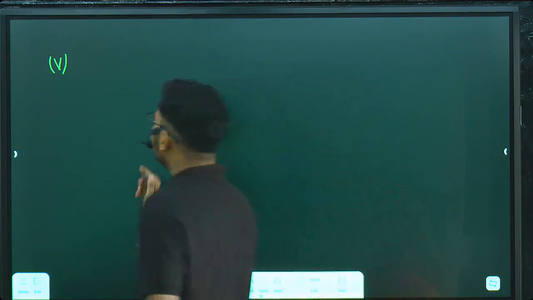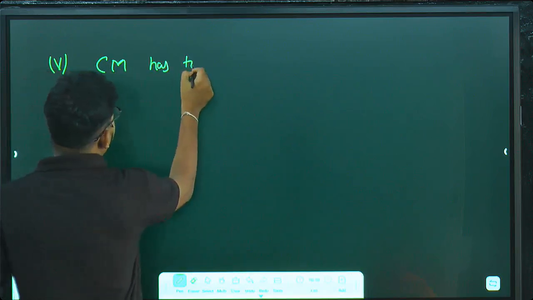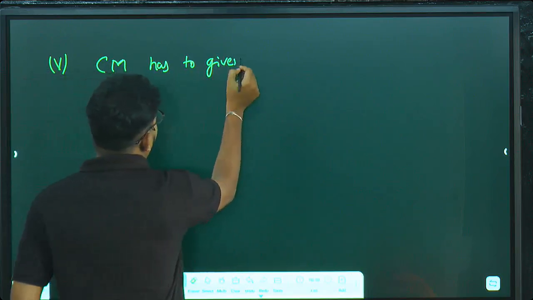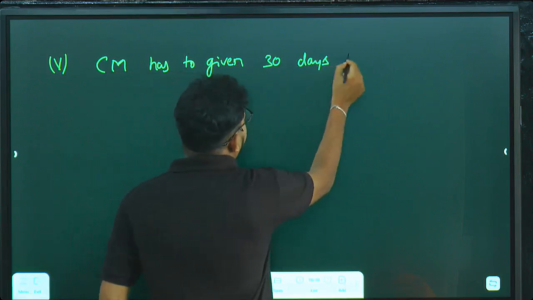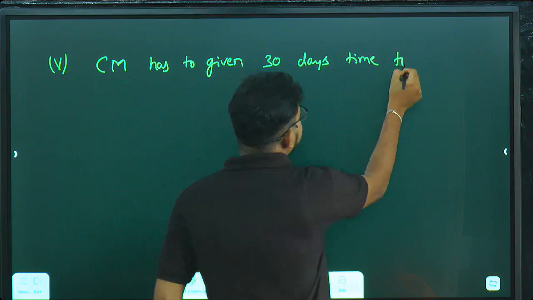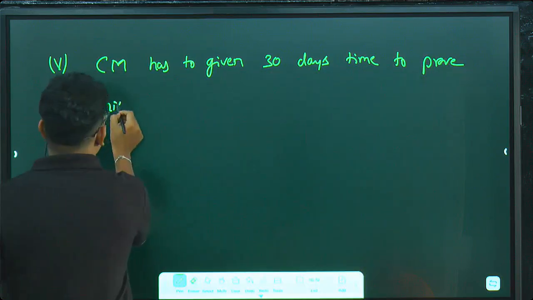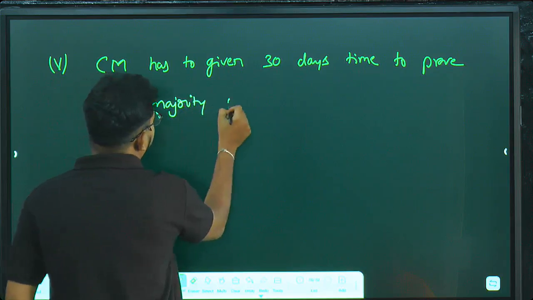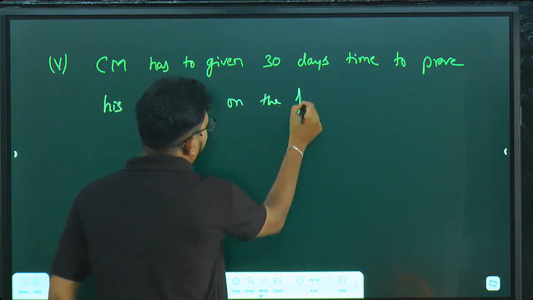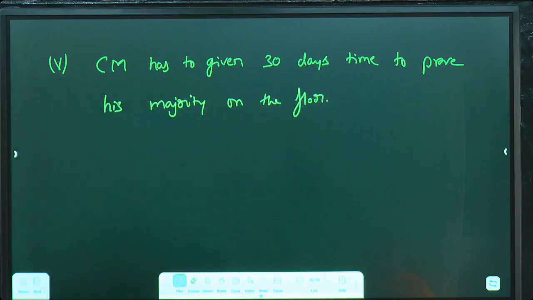So the chief minister has to be given 30 days time to prove his majority on the floor.